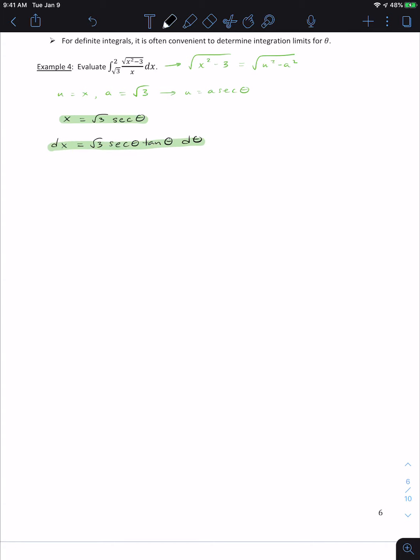And so, like I said, now we're going to do the upper and lower limits. So change from x limits to theta limits, right? So we'll do the lower limit first.